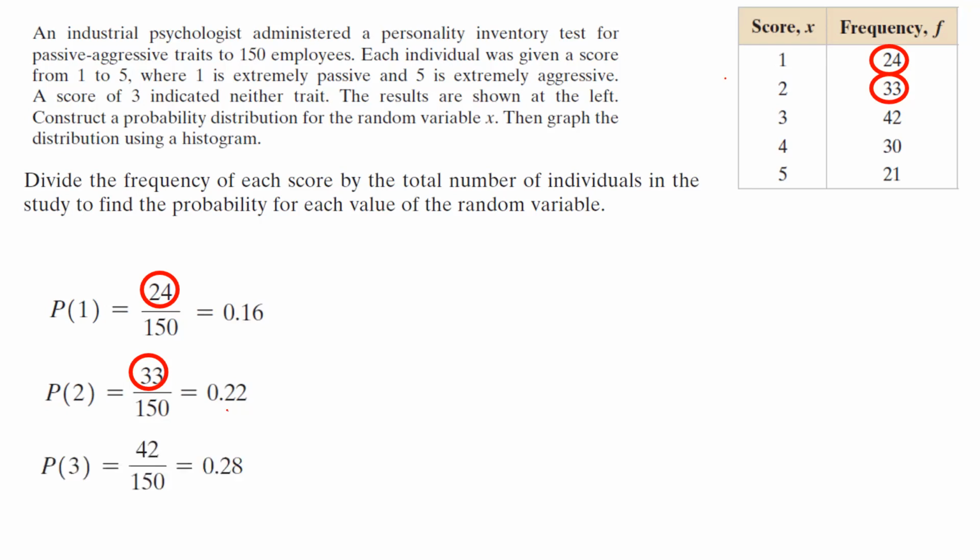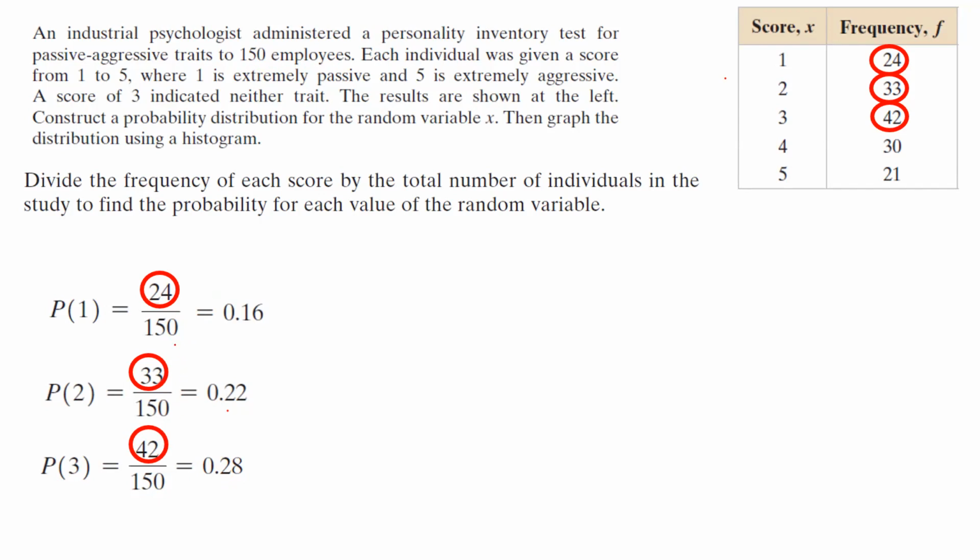Let's move on to the next probability. The probability of score 3 is 42, which is the frequency of score 3, divided by 150, which is the total number of employees or people who participated in the study. If you do the division, you get 0.28 or 28%. And again, compare these numbers.